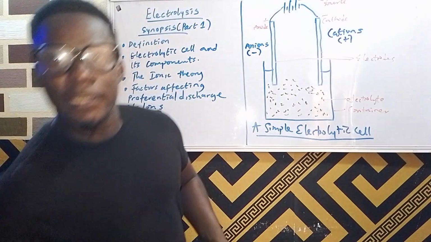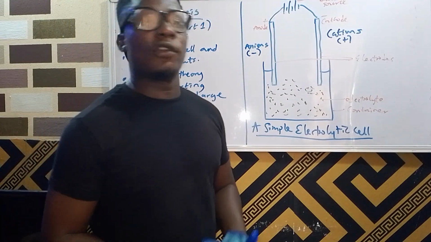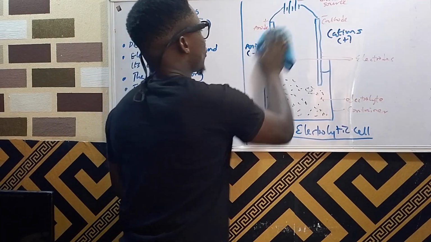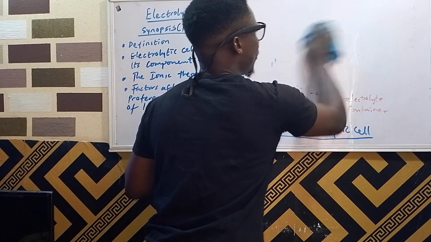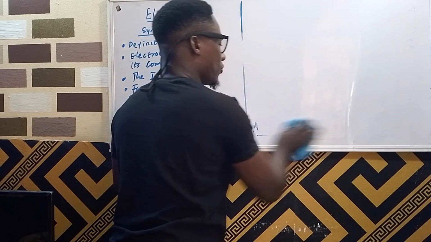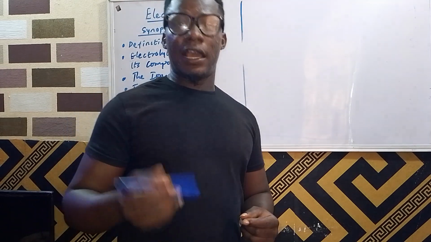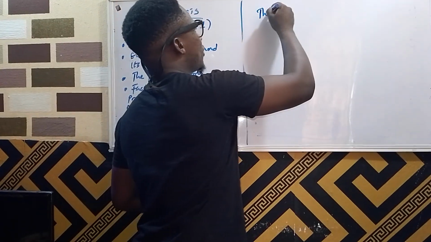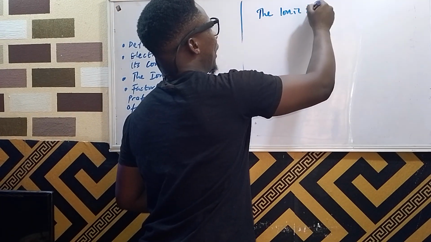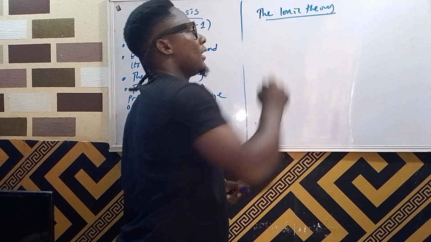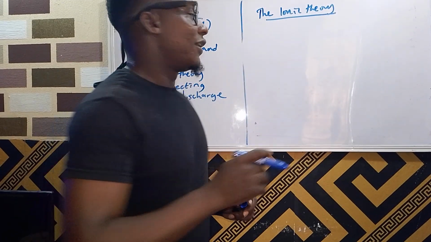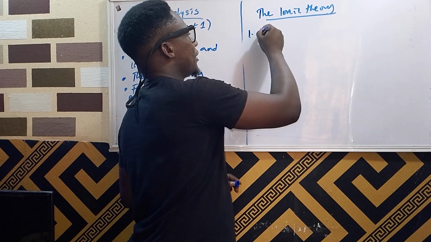And quickly let's talk about the ionic theory. The ionic theory was postulated by Arrhenius. For the ionic theory, let me break it down into four things. Number one is dissolution.